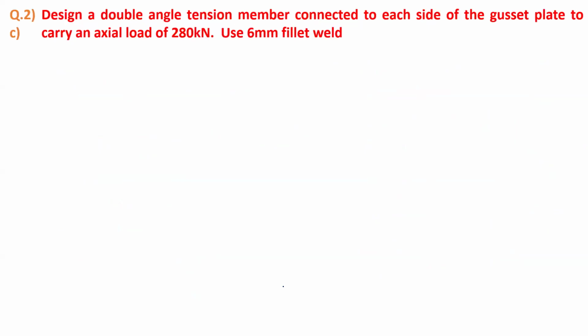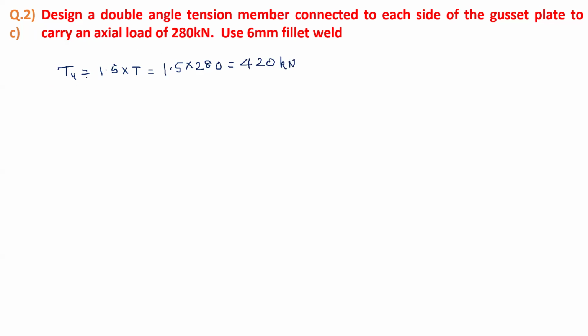Now go for design. So design a double angle section tension member connected to each side of gusset plate, carry axial load. So whenever axial load is given, we have to make it factored. TU is equal to 1.5 into T, 1.5 into 280. So it will be 420 kilonewtons.